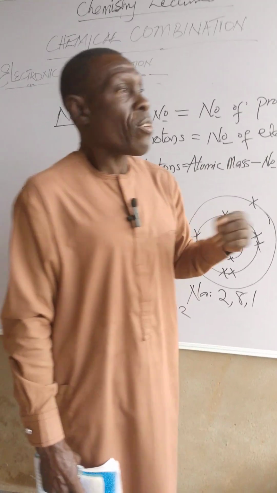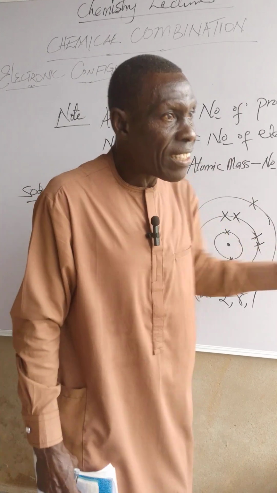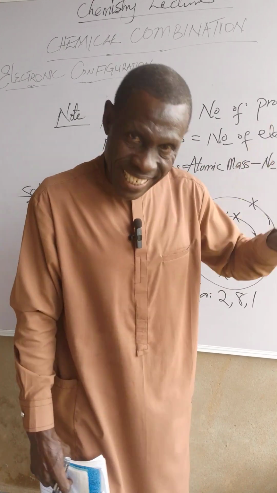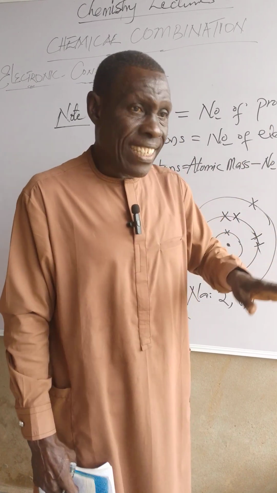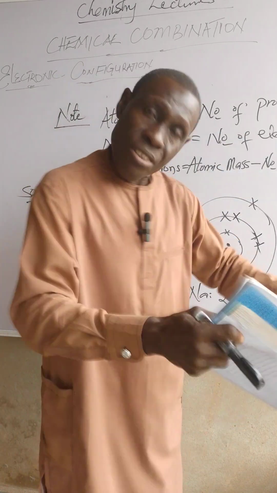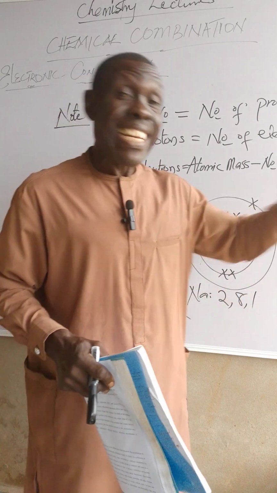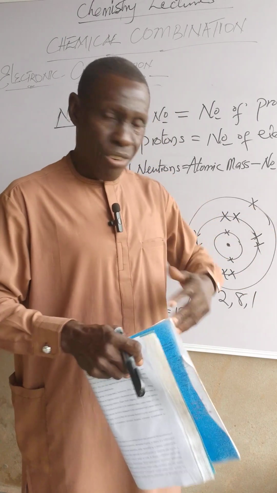You see that? So now in group 0, it means that the outermost shell electrons are 8. And once it is 8, that is the maximum it can contain, so it cannot give, it cannot receive. So they become inactive. We call them the inert gases because they are not reactive.